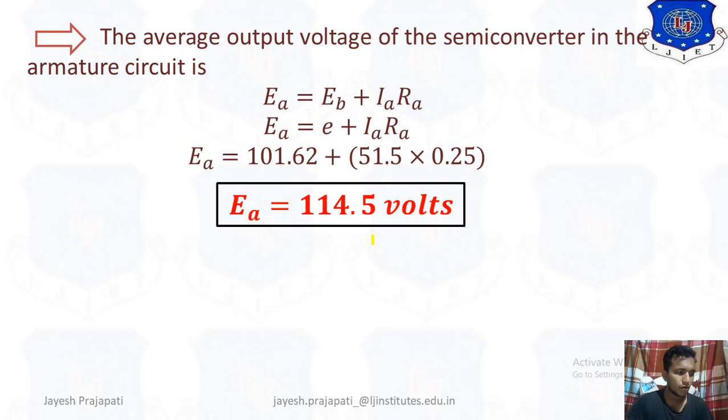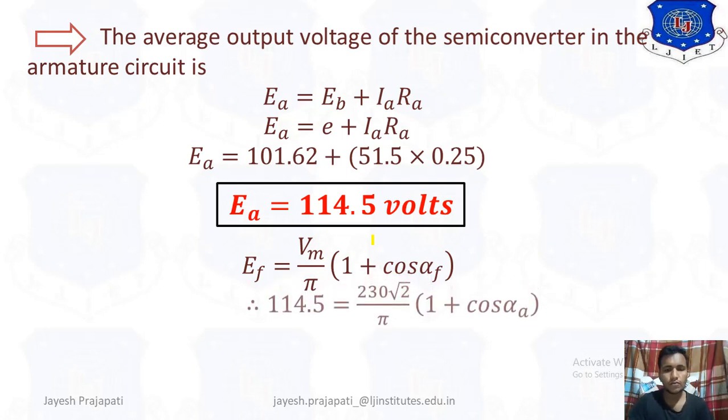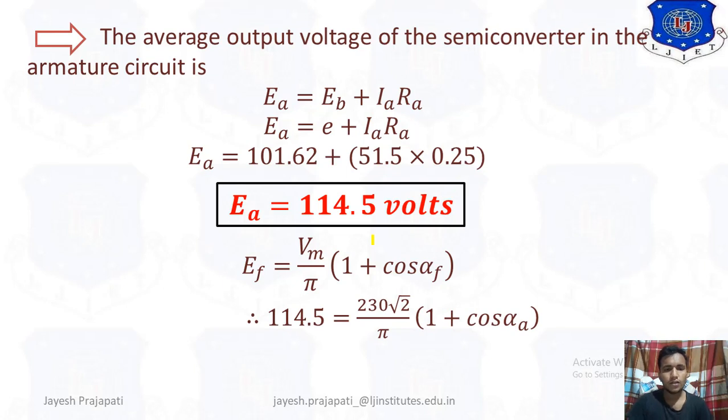114.5 volt. Now we know that EA is equal to Vm by pi times (1 plus cos alpha A). So we write EA, that is 114.5, equal to 230 root 2 divided by pi times (1 plus cos alpha A).